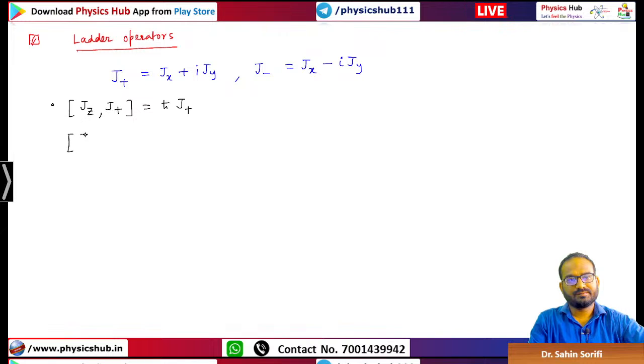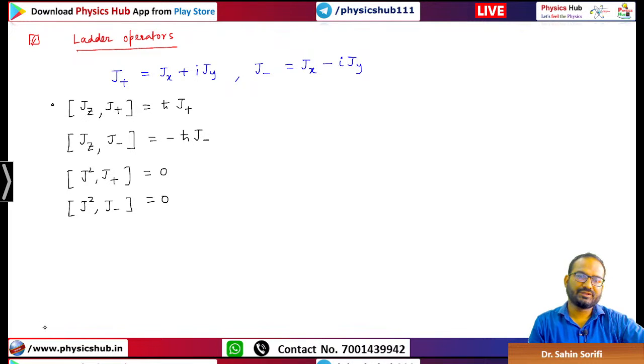If you take Jz and J minus, you will get minus h cut J minus. If you take J square and J plus, you will get 0, and J square and J minus, this is also 0. So these are some commutation relations that the J plus and J minus ladder operators follow.